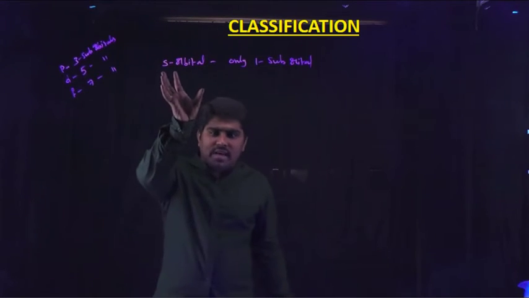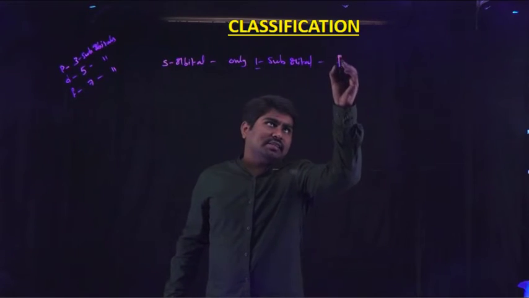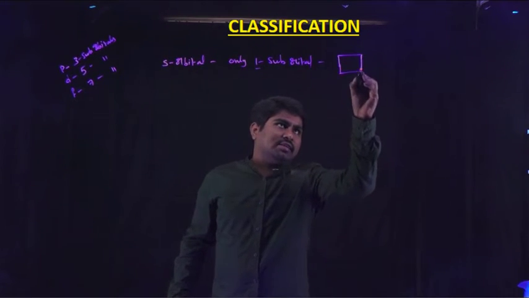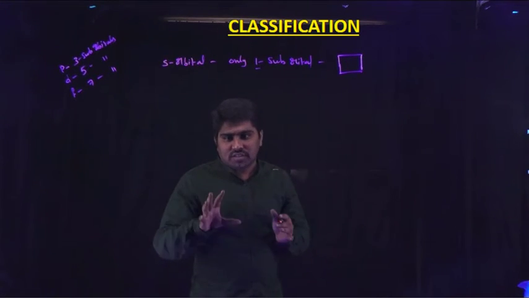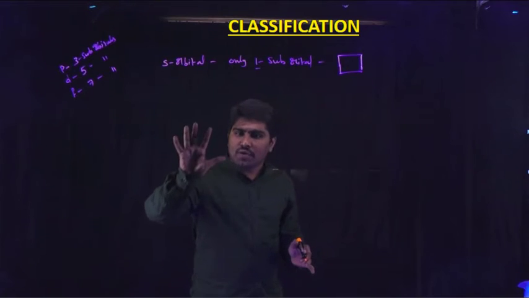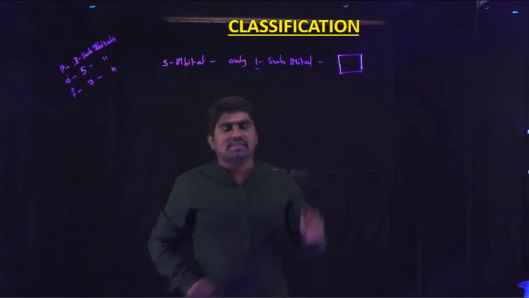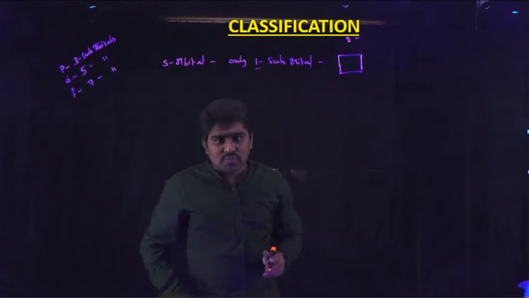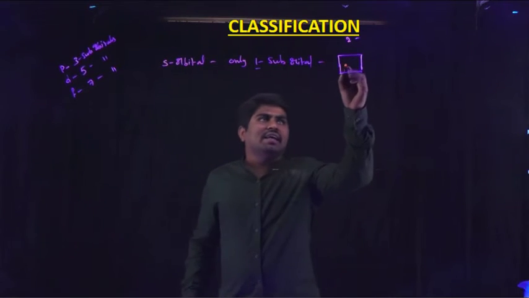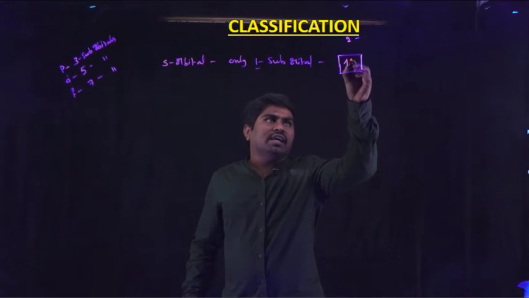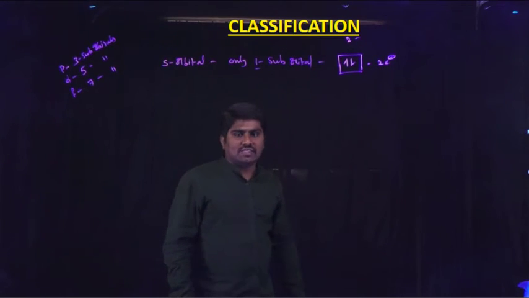We already studied in atomic structure that the maximum number of electrons in an orbital is 2. That's why only 2 electrons are placed in the s orbital.